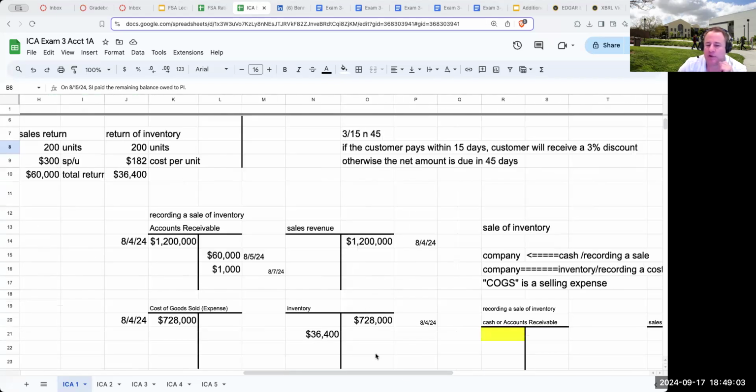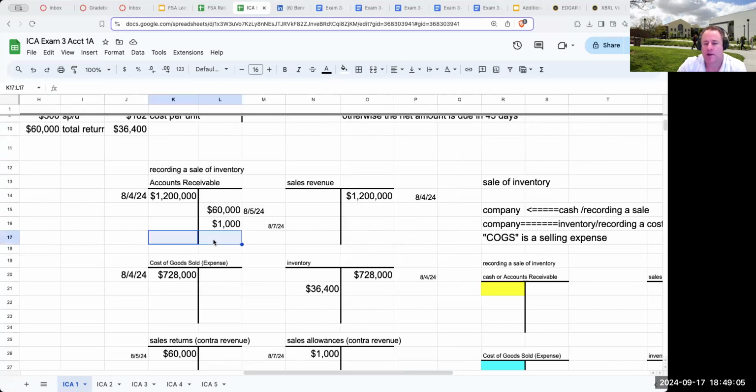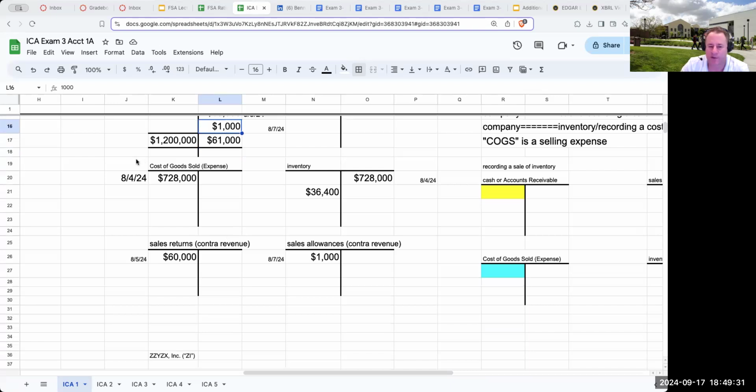Now, what we need to figure out is to say, well, how much is the customer going to pay us? They are not going to pay us the full 1.2 million. Well, why not? It's because the customer over here, assuming they did a return for 60,000, and then they got a sales allowance for 1,000.